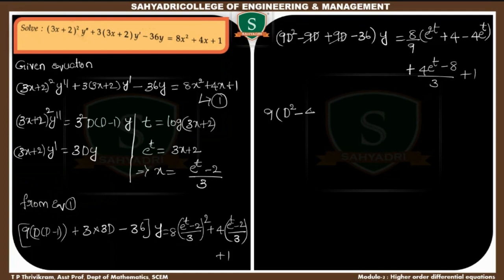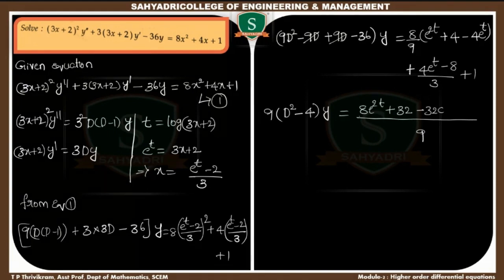minus 4 into y is equal to, if you take LCM as 9, so we'll get 8 e power 2t. Okay, plus 8 fours are 32. So you'll get 32 minus 32 e power t plus, so here already 3 is there. You have to multiply with one more 3.